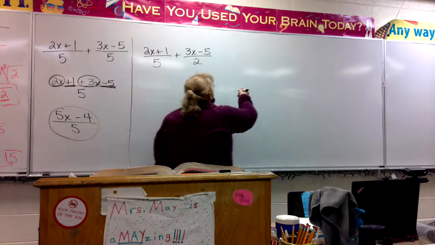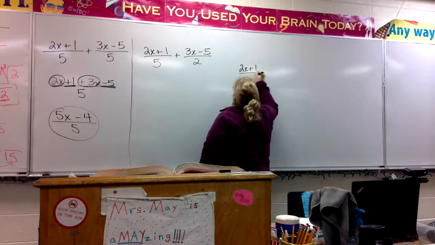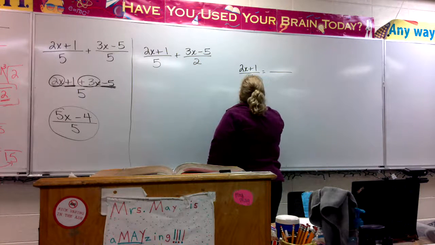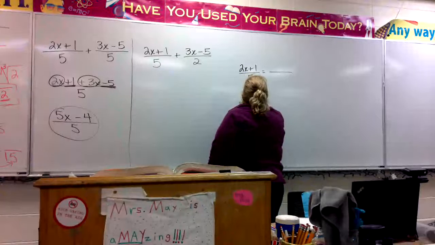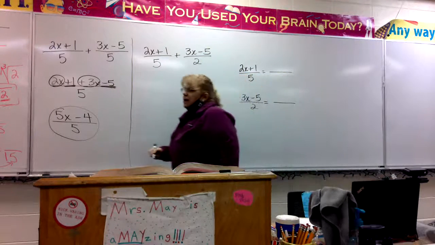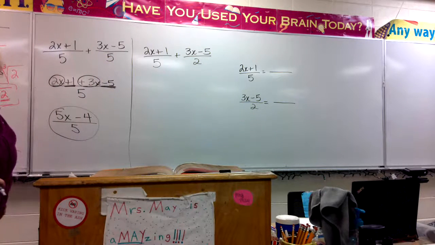So the way that I like you to do that is to go off to the side, 2x plus 1 over 5 and 3x minus 5 over 2. What would your common denominator be with a 2 and a 5? Yes, 10.